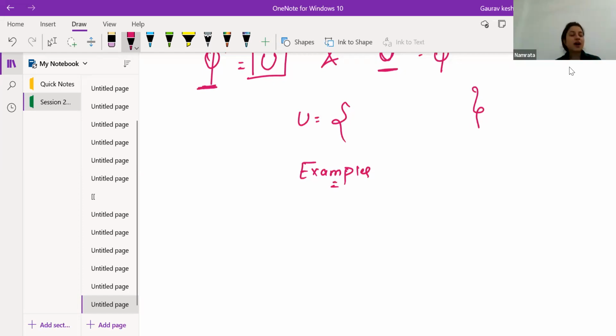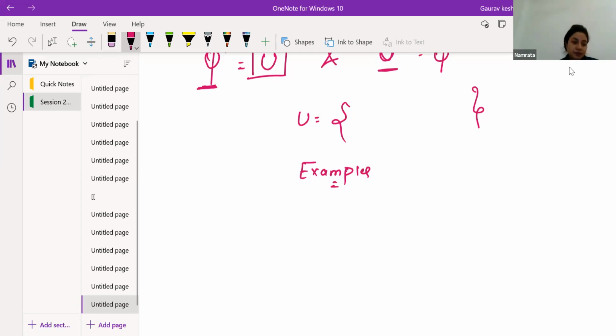Whenever we have a finite set in roster form, it is very simple to find the complement and check which element is there and which is not. But the confusion arises when the set is given in set builder form, and that too an infinite set. So let's do a few problems where the universal set is infinite, and the given set is infinite, in set builder form.